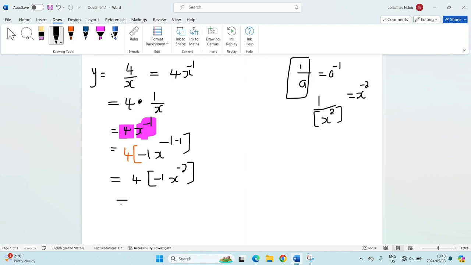Now, what is 4 times negative 1? Will be negative 4, x to the power of negative 2. Remember, I can now return x to the power of negative 2 to its good form. So now this means that my answer is going to be negative 4 over x squared. And this is our final answer. So now when it's given in this form, first of all, you must write it in this form so that you can be able to differentiate it.